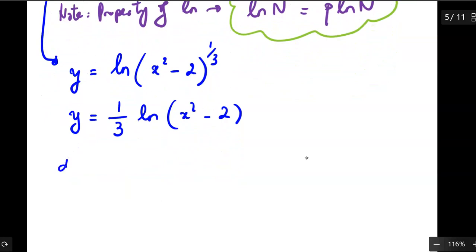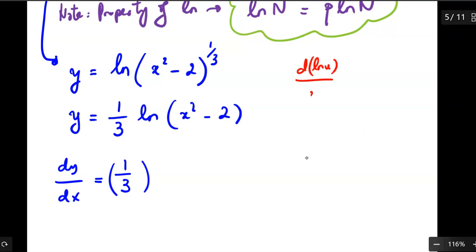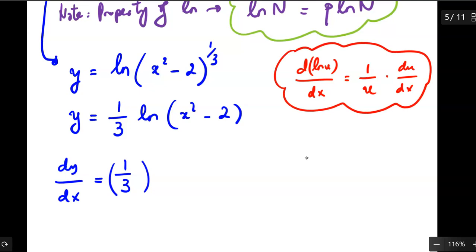So now I will write dy over dx. Then I will have it as 1/3 multiplied by 1 over u. So let's review: the derivative of natural logarithm of u as a function of x is equal to 1 over u times du over dx. So this is our formula.